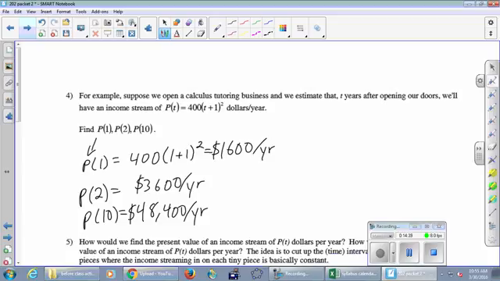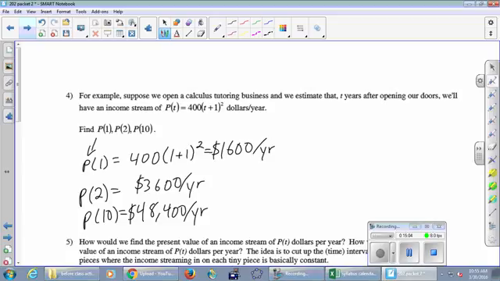The area under that curve is going to be less than if it were just a straight line. Yeah, 1,600 is our maximum income stream for the first year. We were making less than that the entirety of the first year, so we made less than 1,600 in that first year. You could do an integral of that function from 0 to 1. That would tell you exactly how much money you made in the first year. That's not what we're after today, but that's what the stream represents, okay?